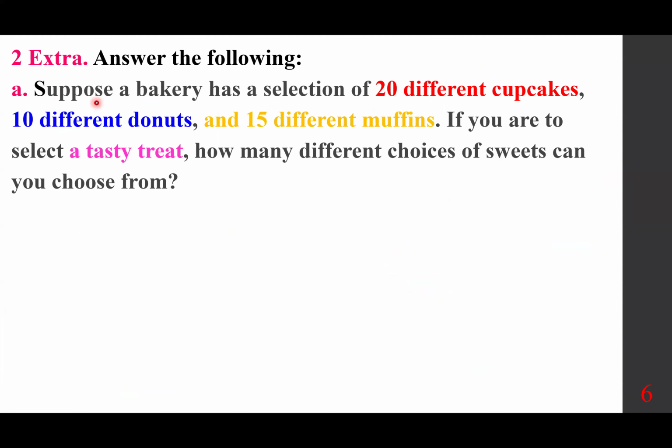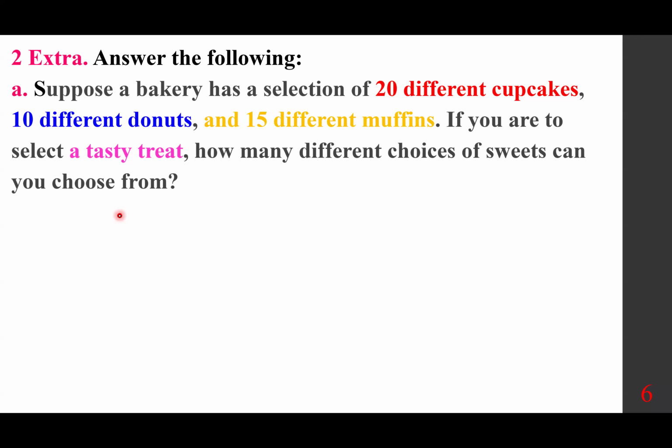Suppose a bakery has a selection of 20 different cupcakes, 10 different donuts, and 15 different muffins. If you're to select a tasty treat, how many different choices do you have?